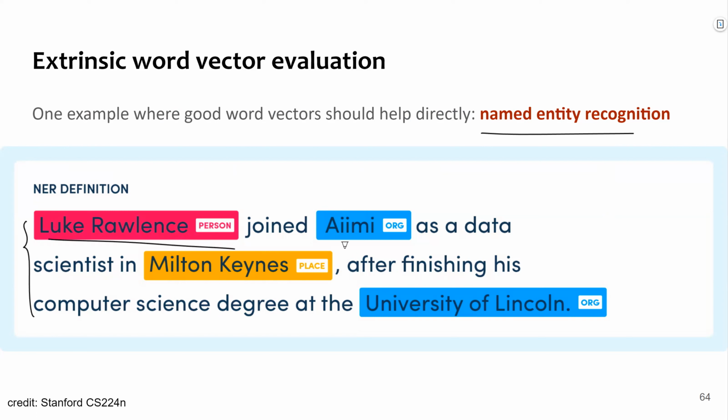This is the name of a person. This is the name of an organization. This is the name of a place, like this. If our learned word vectors improve the performance of this named entity recognition system, then we can conclude that our word vectors are quite good.